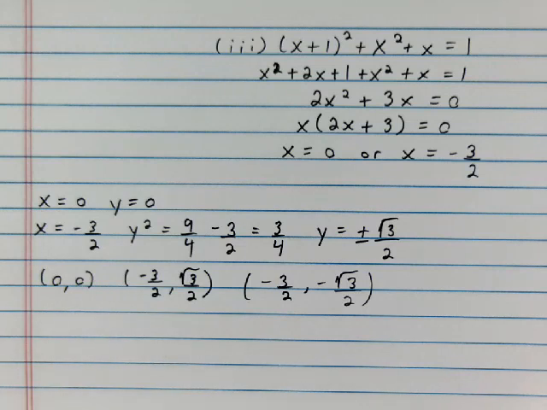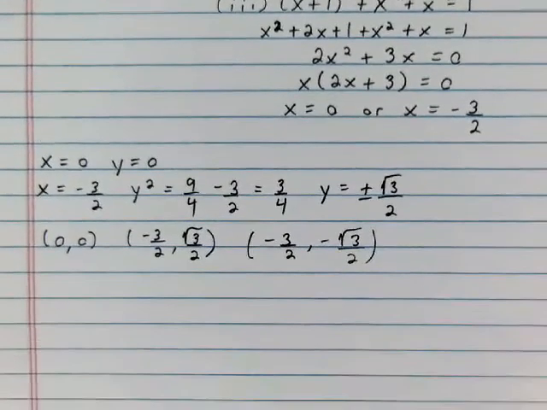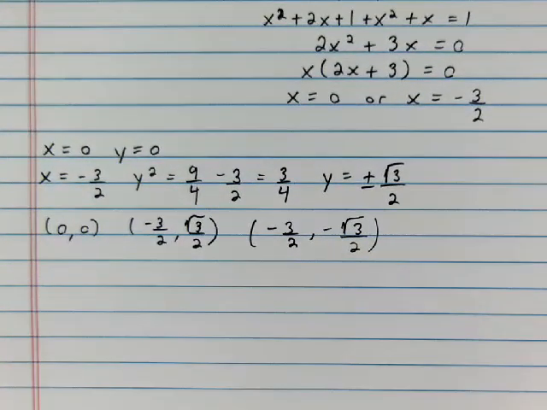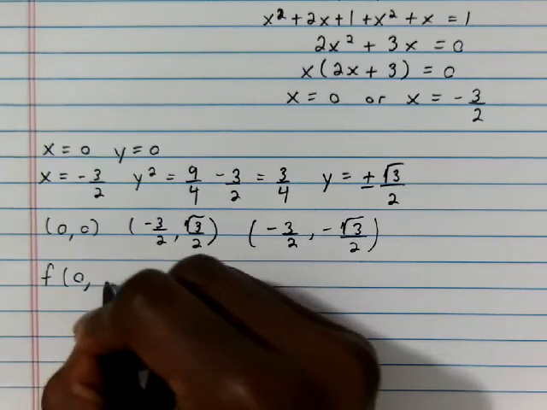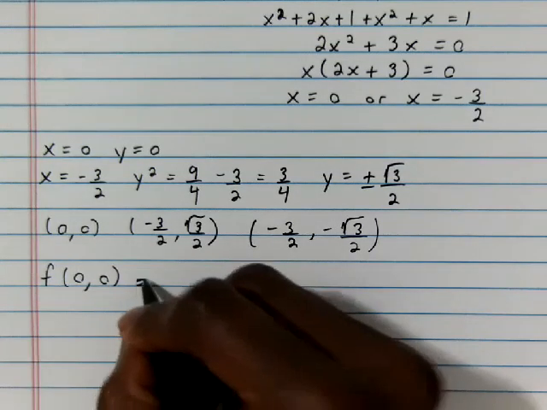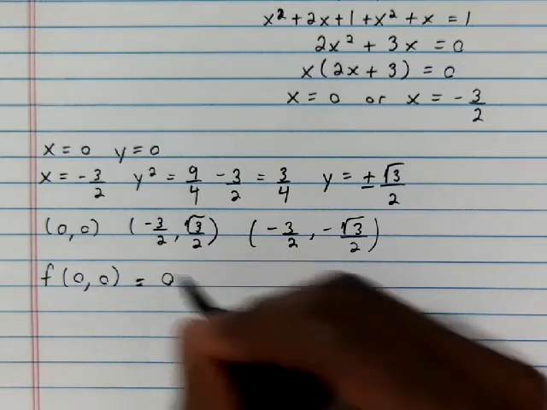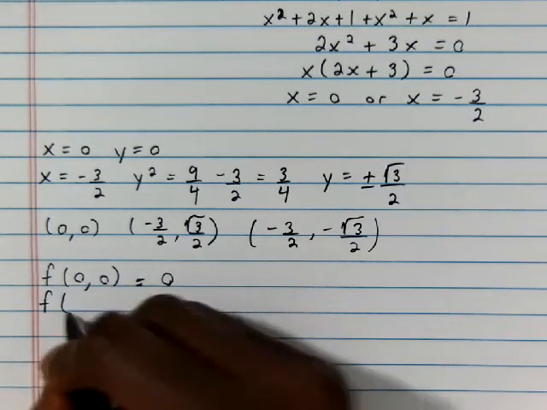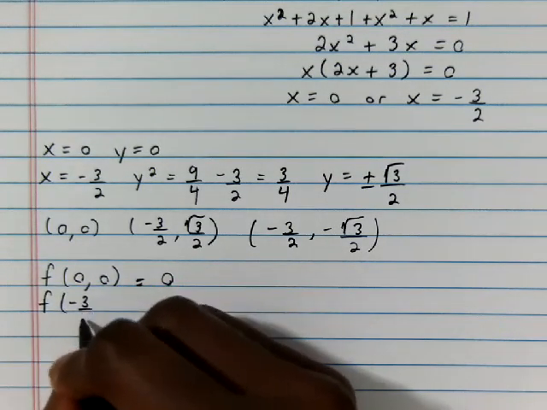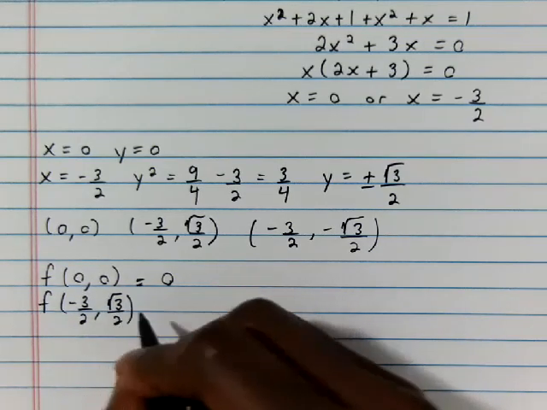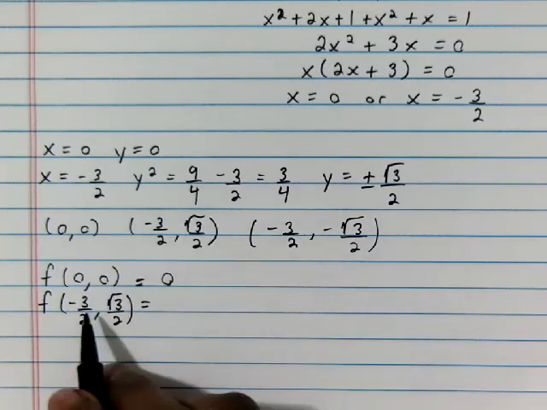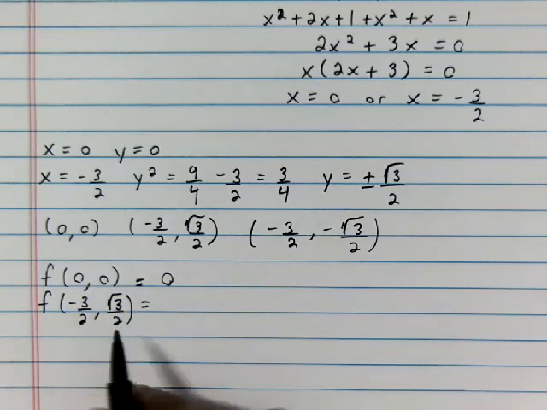Now what we're going to do is take these points and substitute them back in. So we need to do f of 0, 0. And our f was x times y, so that's just going to be 0. F of negative 3 over 2, comma, root 3 over 2 is going to be equal to negative 3 root 3 over 4.